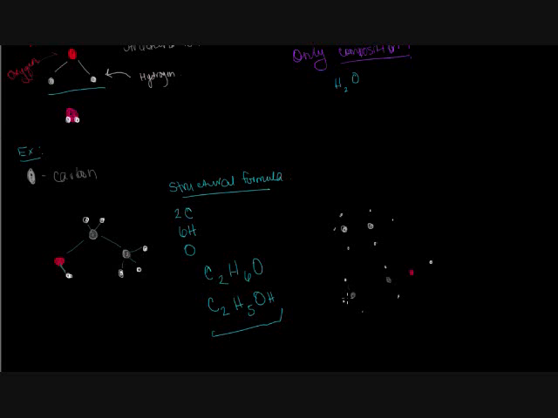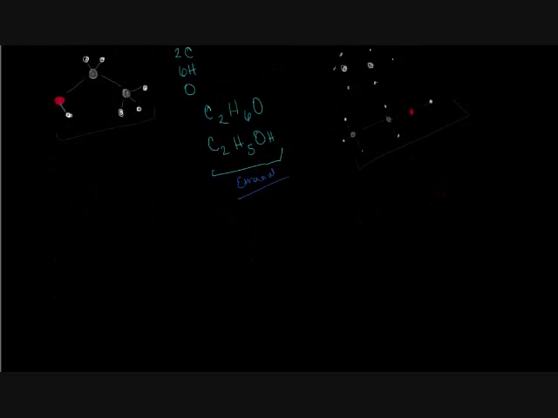And then if you just do the bonds in like that, I hope that makes a little more sense. And you can see that these are the same molecule. This is just a little more accurate of the way it's shaped. But I hope you get the point of C2H5OH. And if you're curious, this is called ethanol. Don't worry about that, I'm going to get to the naming right now, actually.